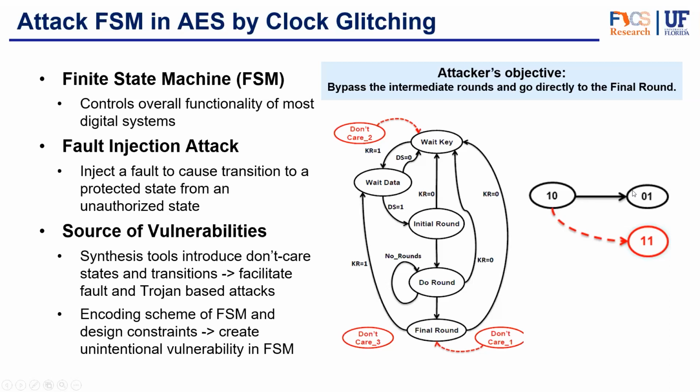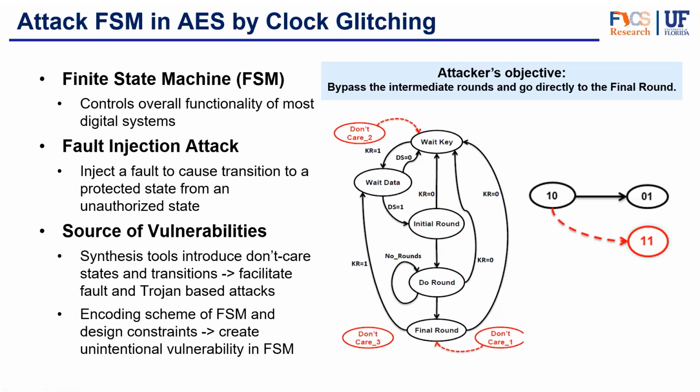So it's possible to violate the setup and hold times and end up in another state, such as the 00 state or the 101 state. And if that 101 state is the encoding of our protected state, it means that by injecting a fault during the valid transition in the design, we can end up in a protected state and leak the information.